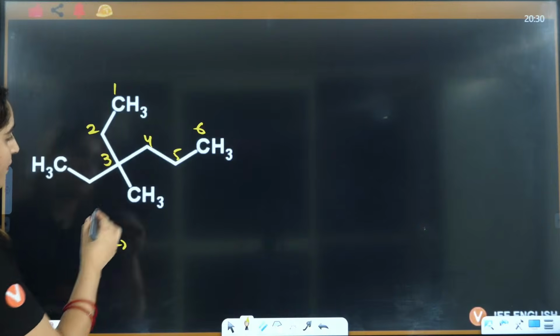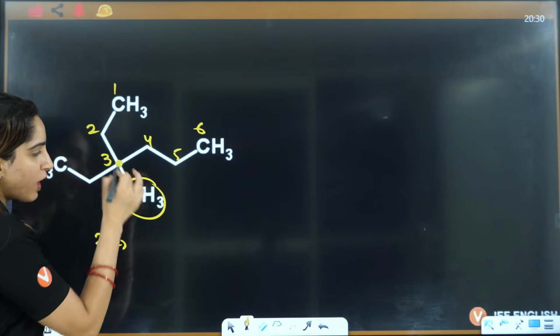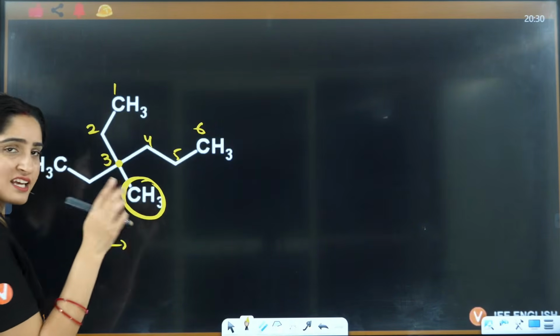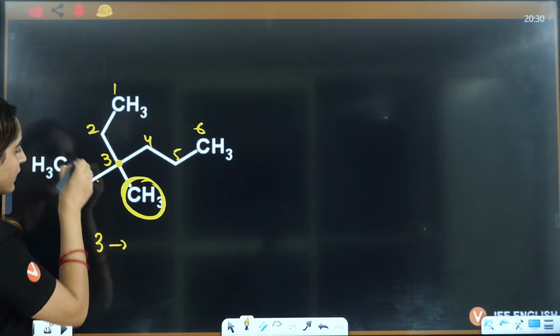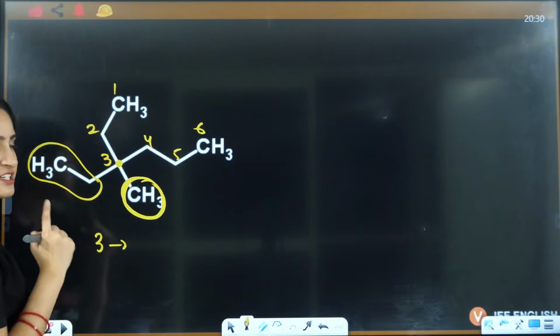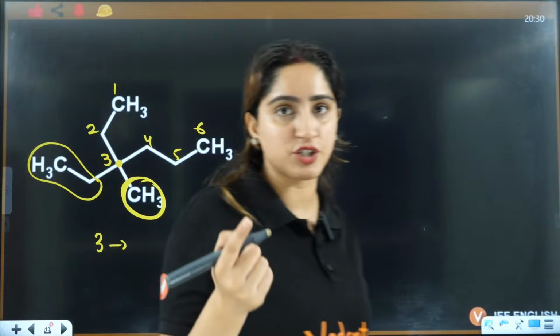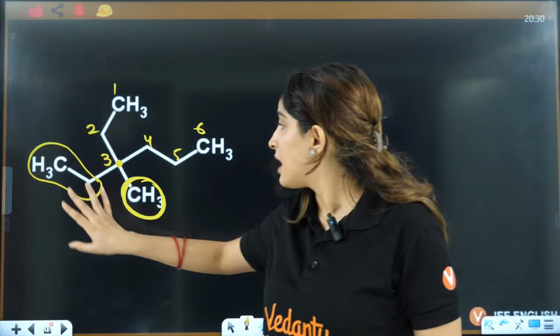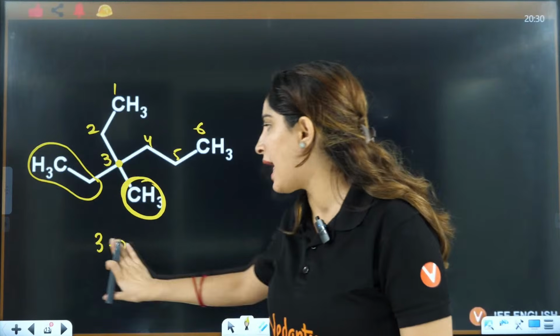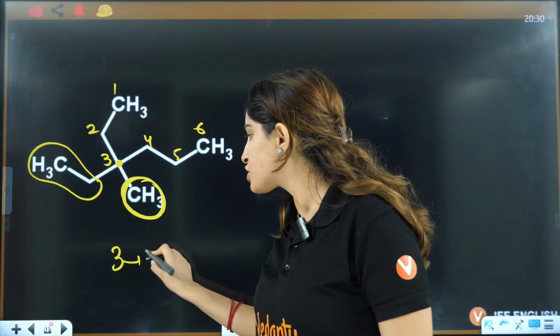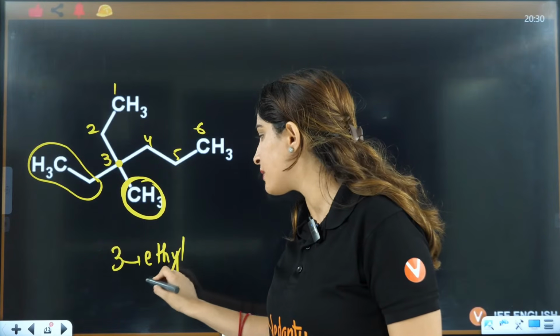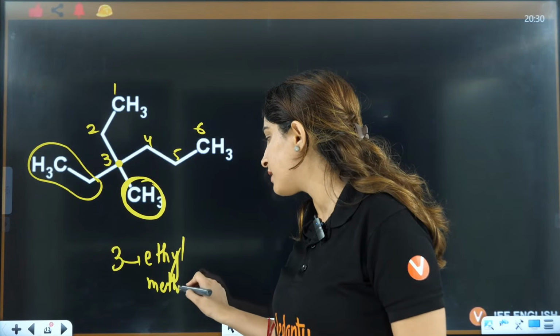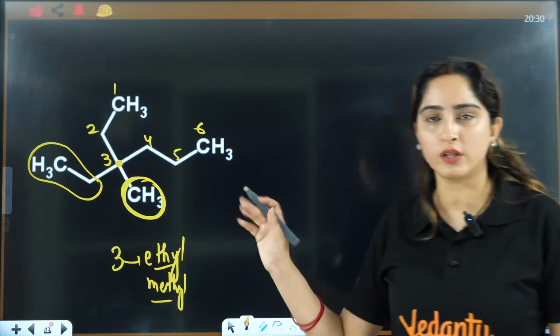To this carbon, you have this attached, this is CH3, that is methyl. And here you have CCH3, that means C2H5 is attached here, right? 2 carbons attached, that means it is ethyl. Now that means on the third position you will have ethyl as well and methyl as well. These 2 things you will have on the third position.